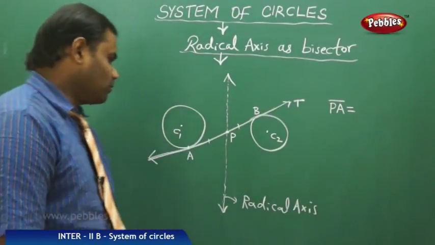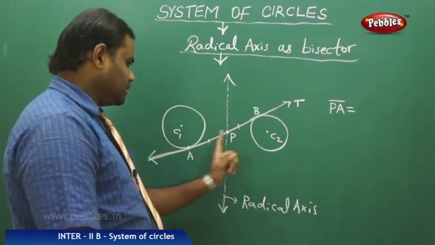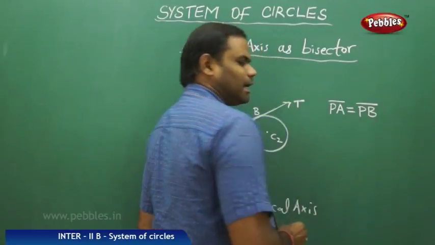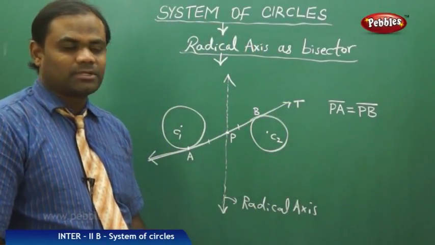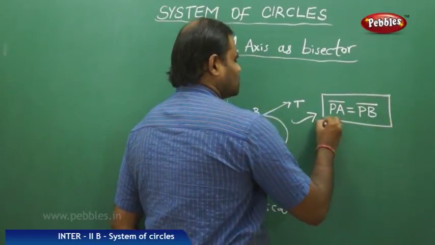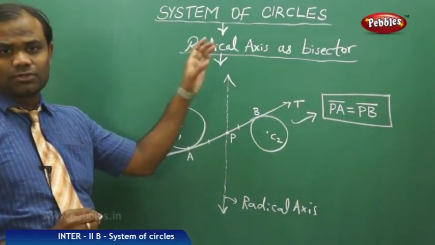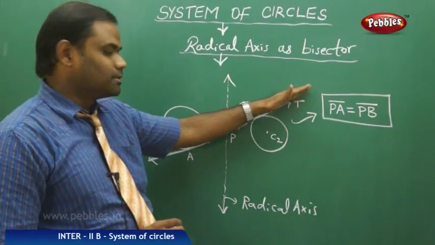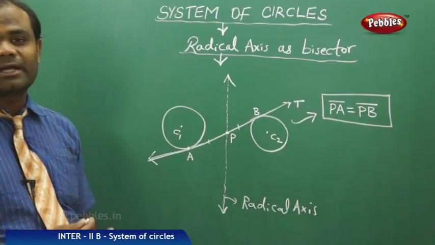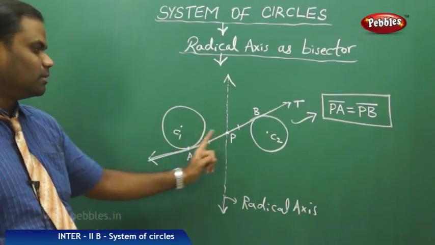So therefore, here my PA is equal to PB. So the property says that if I have two circles where the radical axis is drawn, then if one of the common tangents is taken, the radical axis bisects that common tangent. That is, PA will be equal to PB.